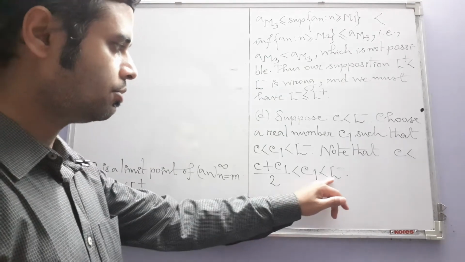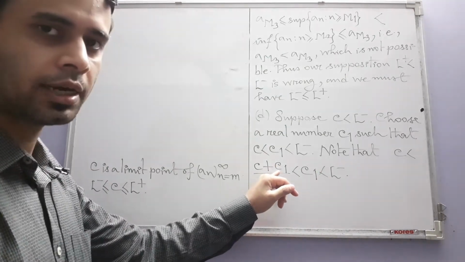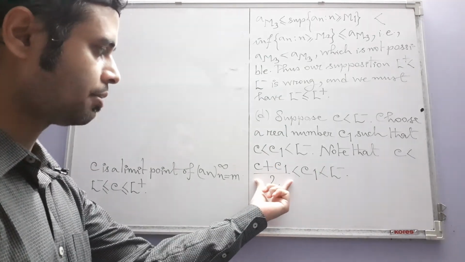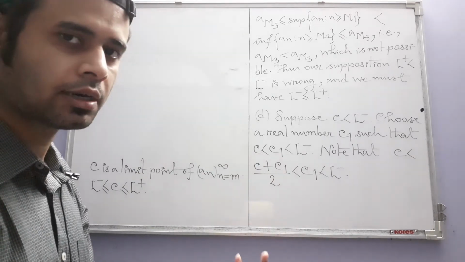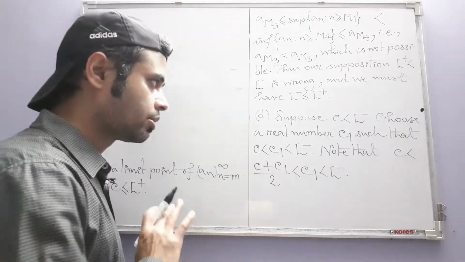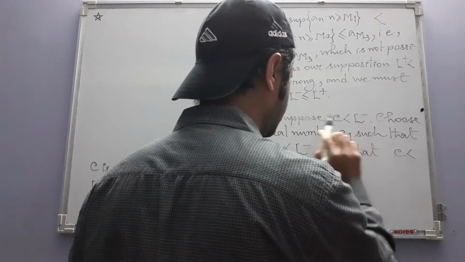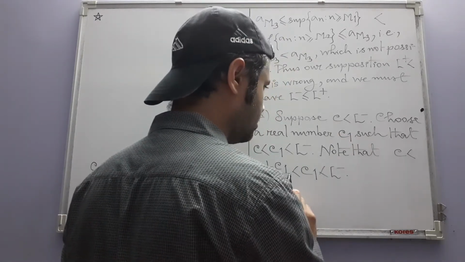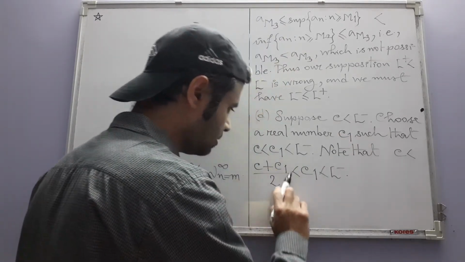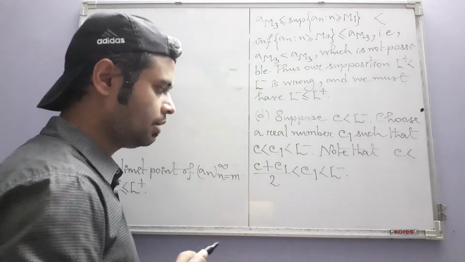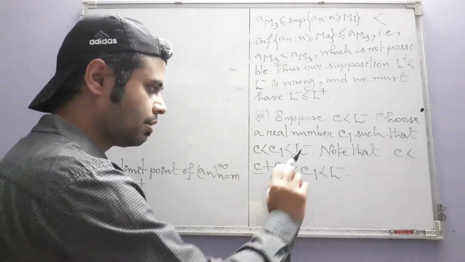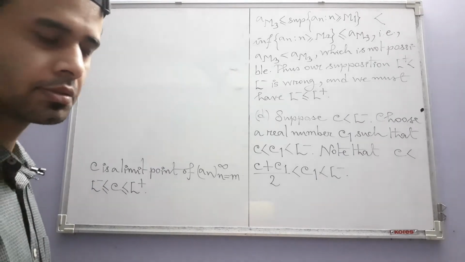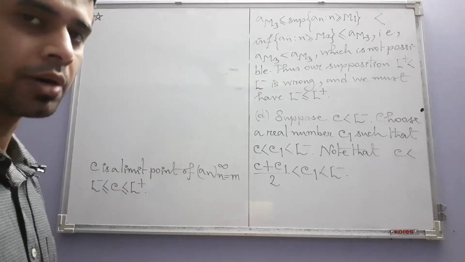Whatever we wanted to do with L minus, now we are doing that with C1, and now there is no problem with this because both C and C1 are real numbers. Okay. Now the fact that this thing, (C plus C1) divided by 2, is less than L minus allows us to use part A.